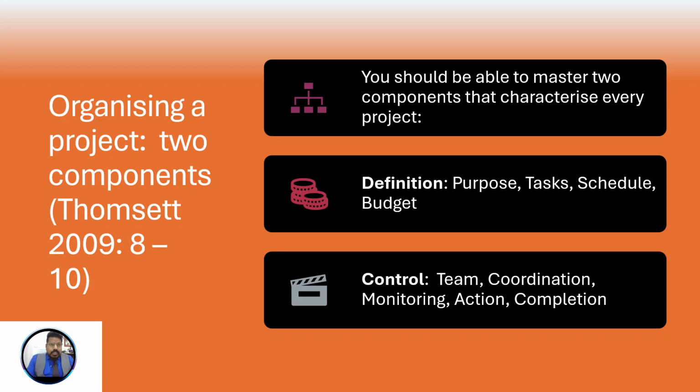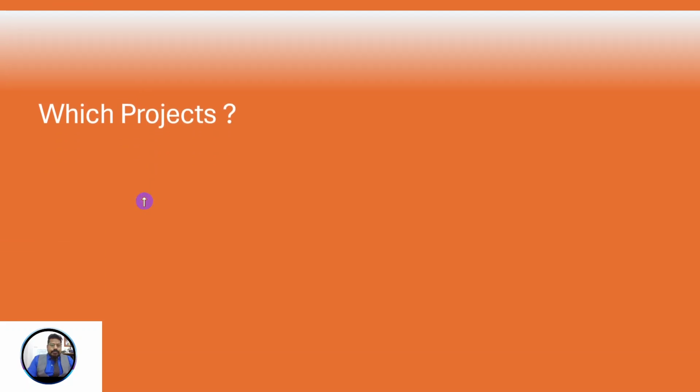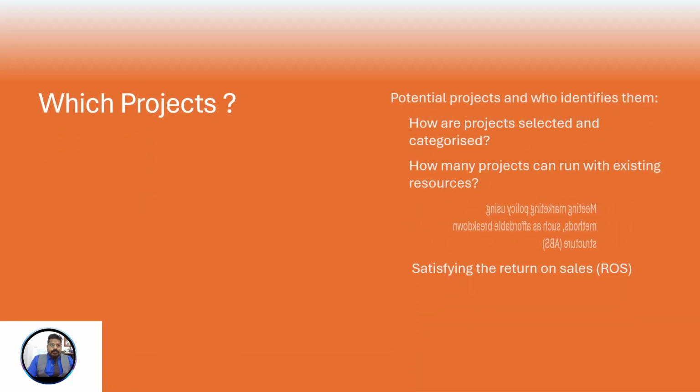This brings us to session two of the fundamentals of project management. We covered this slide. Let's move ahead with the next one. We covered this topic: which projects, potential projects, and who identifies them.